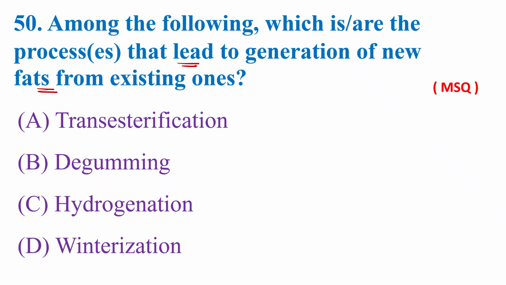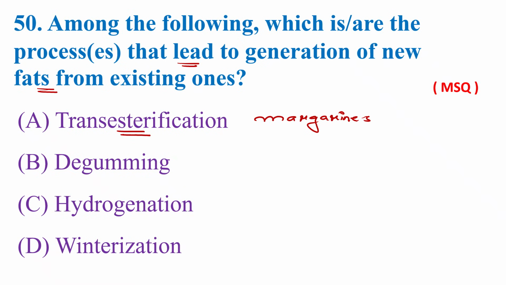In transesterification, we know that the fatty acids are rearranged among the triglycerides, and they produce new triglyceride structures with different melting points, having different functionalities. It is used to make especially fats like margarine, cocoa butters. So this is the correct option.